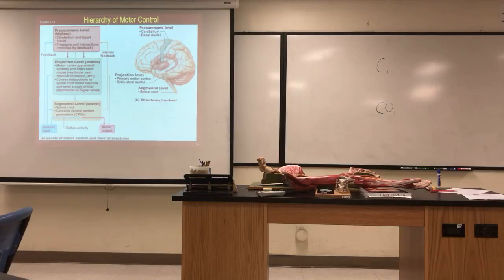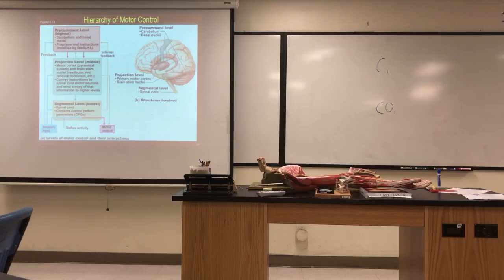So cerebellum, basal nuclei, premotor cortex, they all represent the pre-command level. Their job is to coordinate the output signals that ultimately come from the upper motor neurons down to the lower motor neurons.